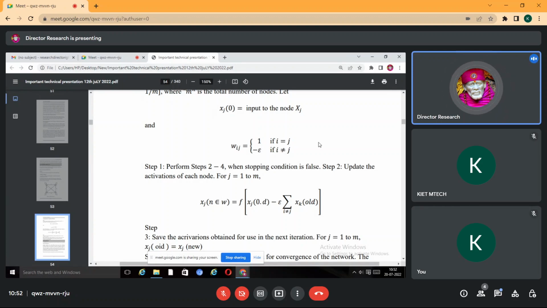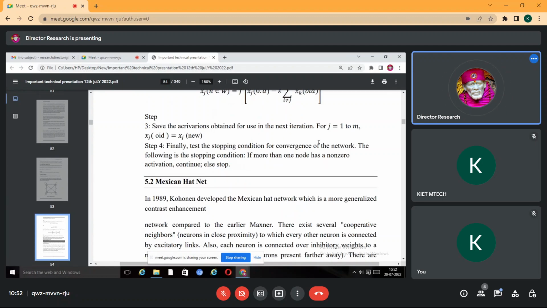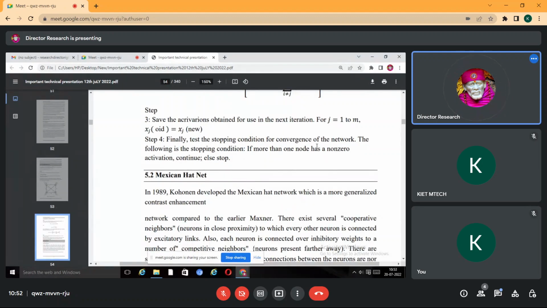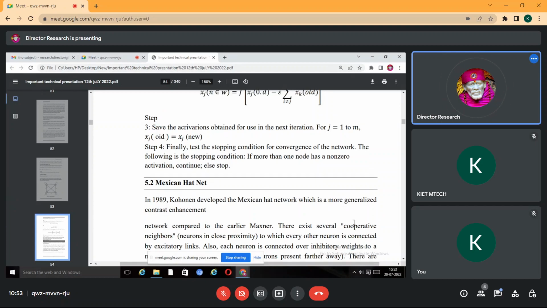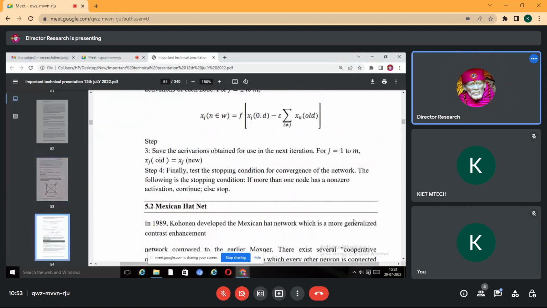Step 3: save the activations obtained for use in the next iteration. It's an iterative method, of course. MaxNet is an iterative method.